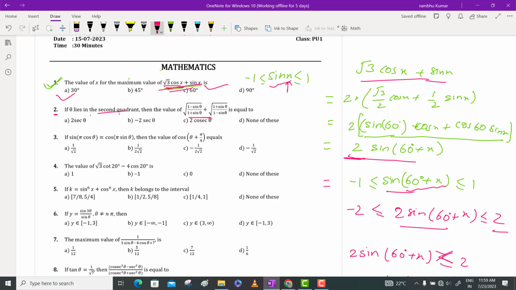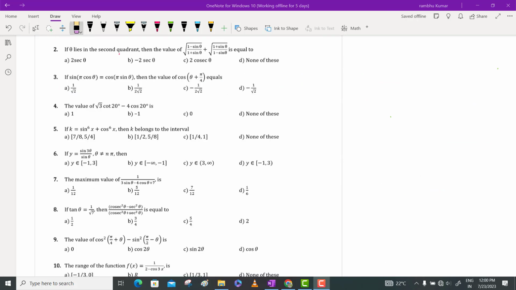Okay, so here you do one thing, just try to take the LCM of this given expression. So LCM is nothing but root under 1 plus sin theta into root under 1 minus sin theta.